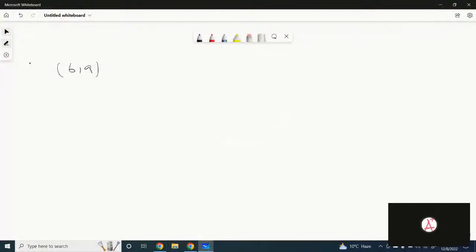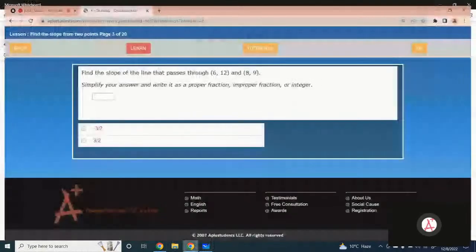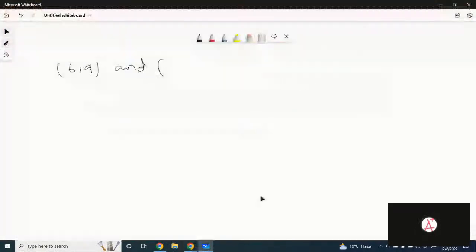6 and 9, and 6, 12, 8, 9. Got it. So it would be x1 and y1 and x2 and y2.